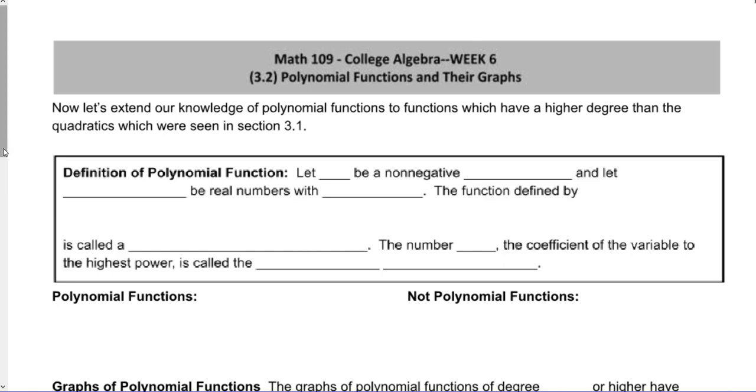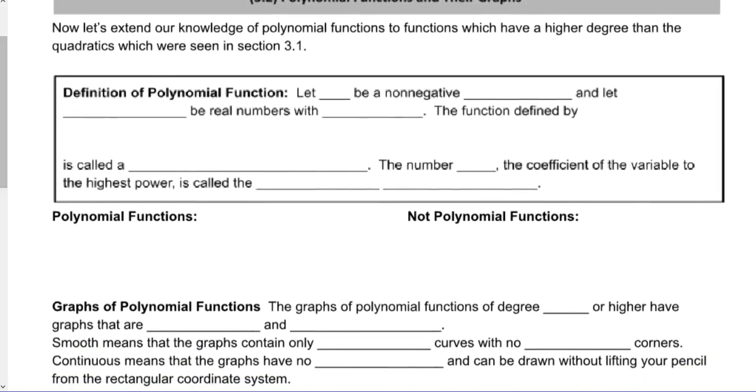So let's first look at a definition of a polynomial function. And we are going to let n be a non-negative integer. Non-negative integer would mean that it would be positive, and it would have to be like a whole number, basically 1, 2, 3, 4.